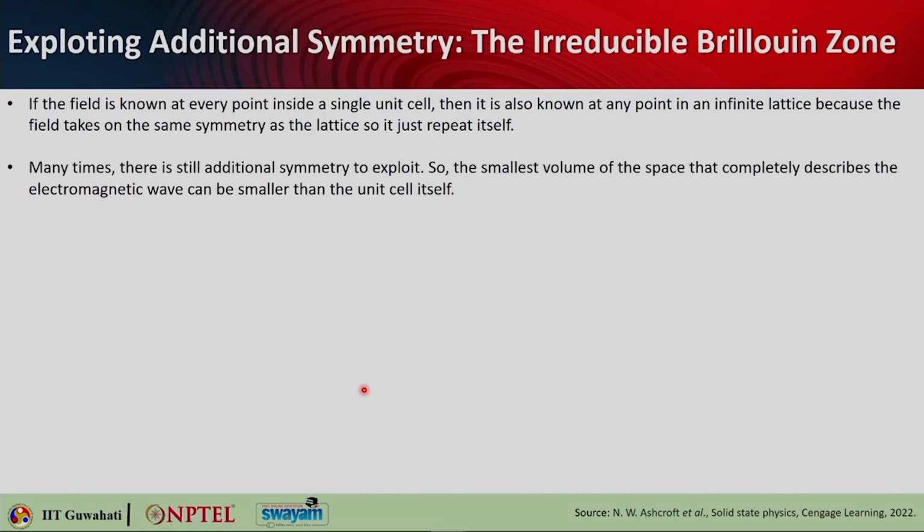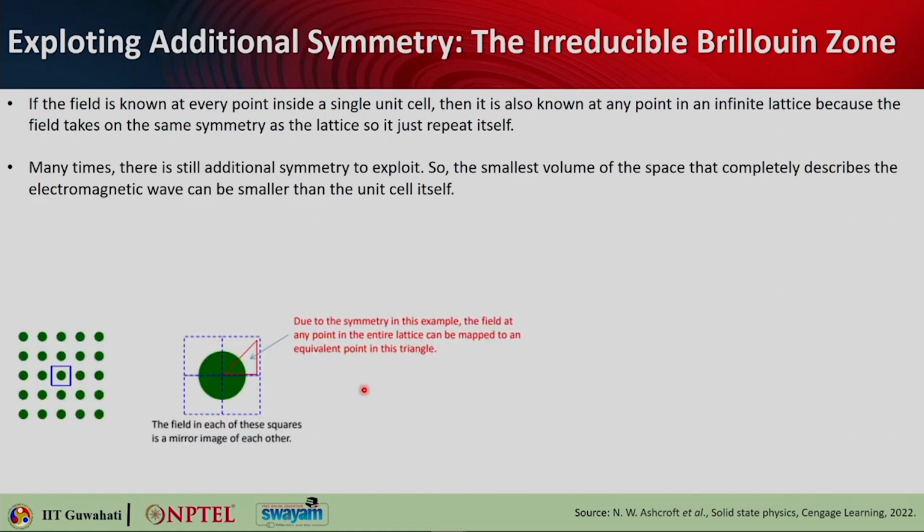So that is the whole idea of having the irreducible Brillouin zone. As I mentioned, if this is your lattice and this is your unit cell, your objective would be to only find out the region that should replicate the entire one.